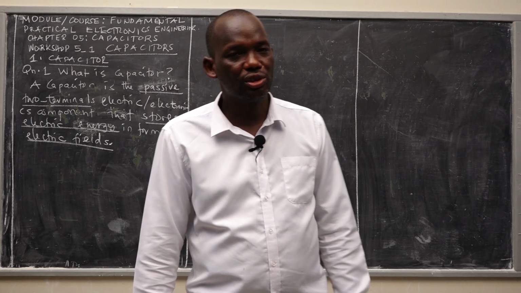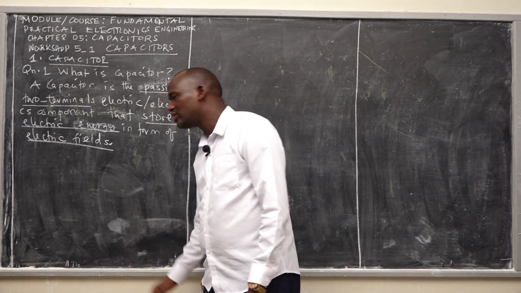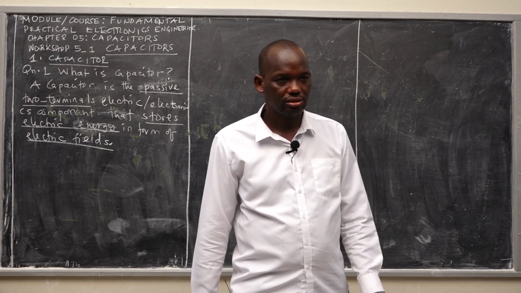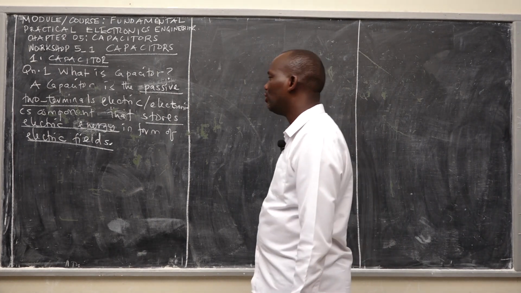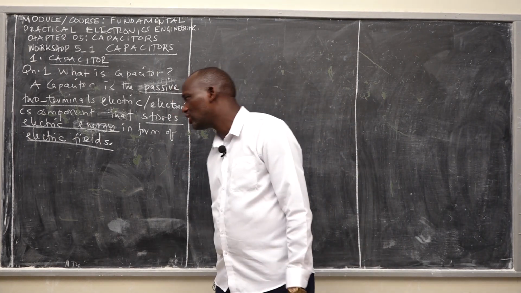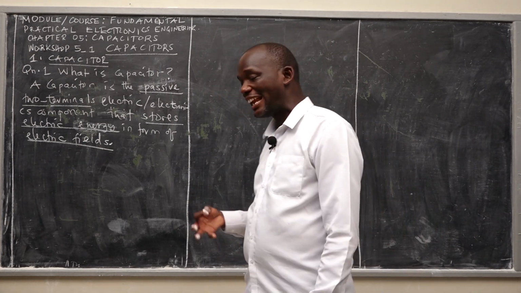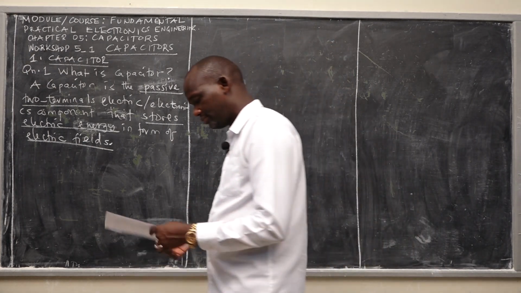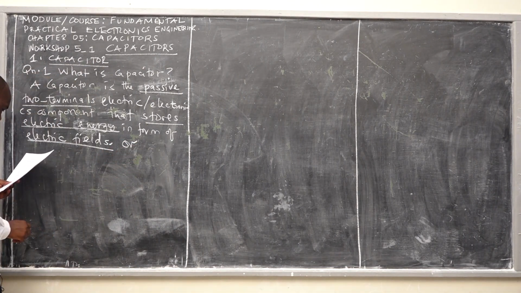In electrical engineering we have electric fields and magnetic fields. When you say electric field, it means electric strength. This is one way that you can define the word capacitor.